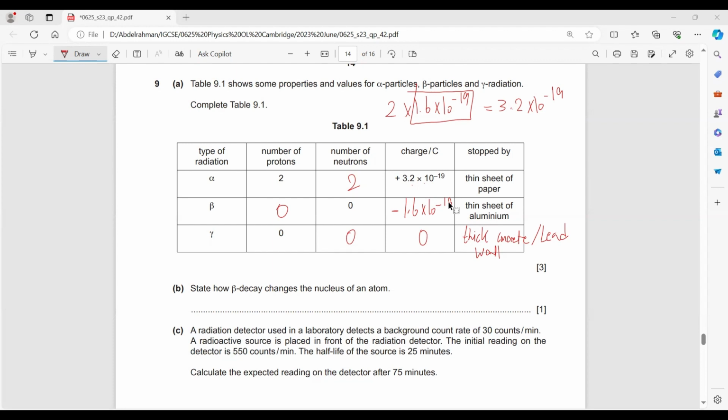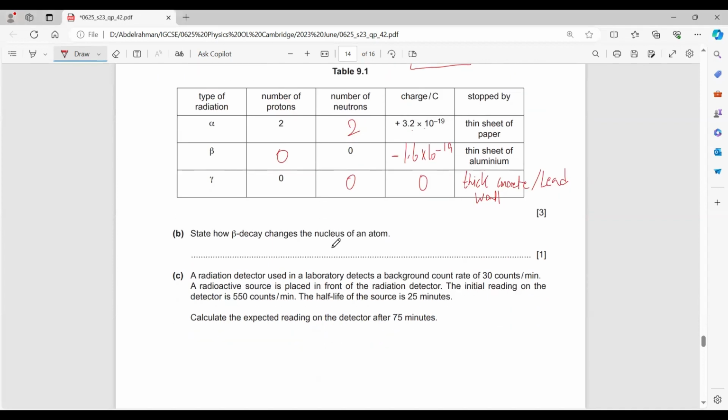No, no, no. The mass of the nucleus remains the same. But what happens to the number of protons?